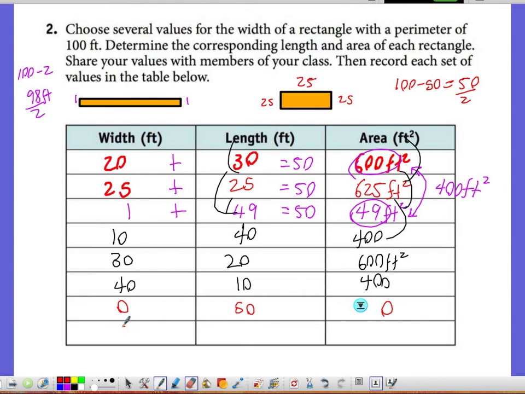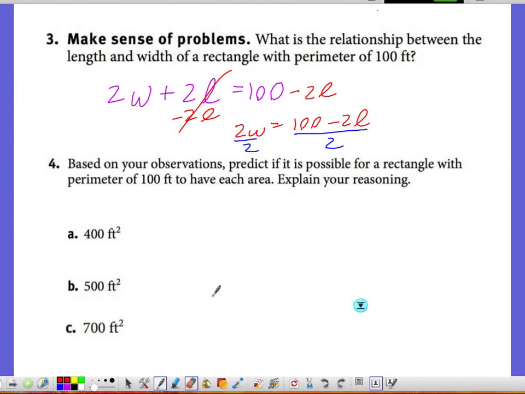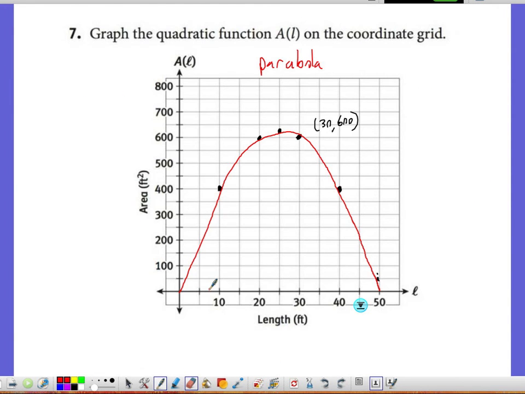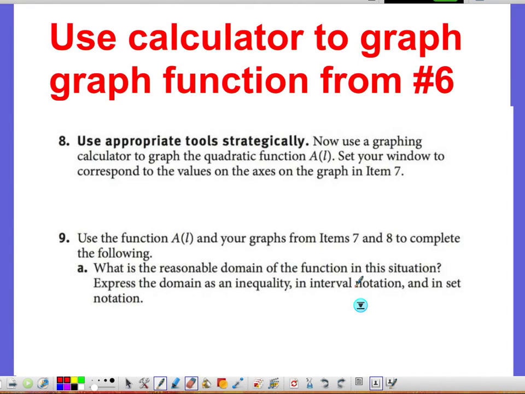If we have a width of 50, that means my length is going to be 0, and 50 times 0 gives me an area of 0 again. So we don't want our width or length to be 0 or 50, which means I'm not going to be touching the x-axis. Instead, I'm just going to leave open circles there. Okay.